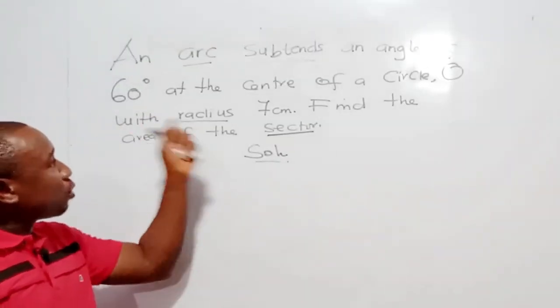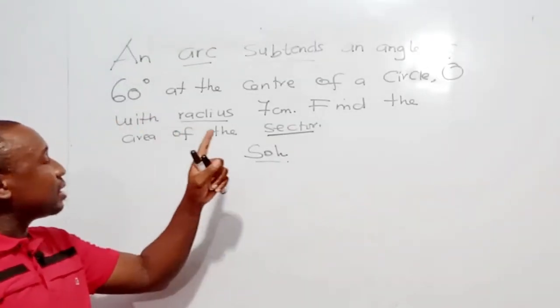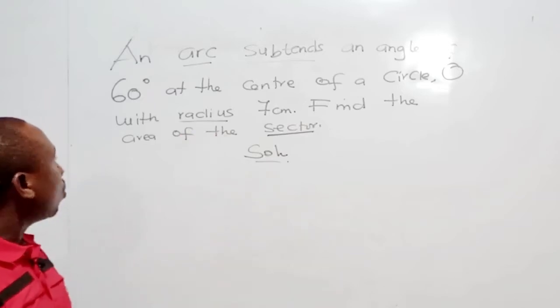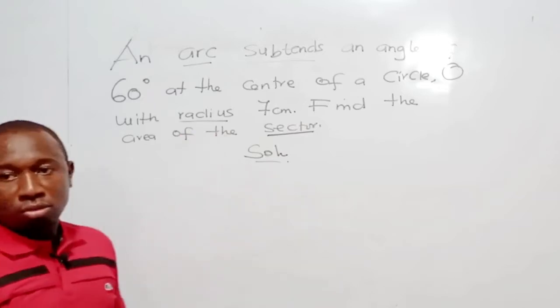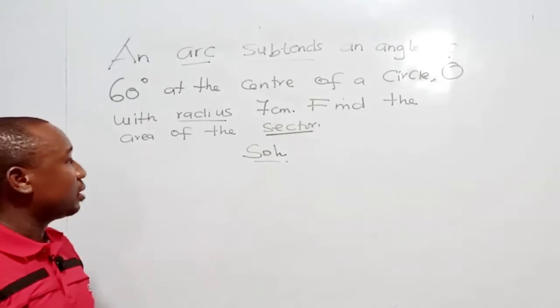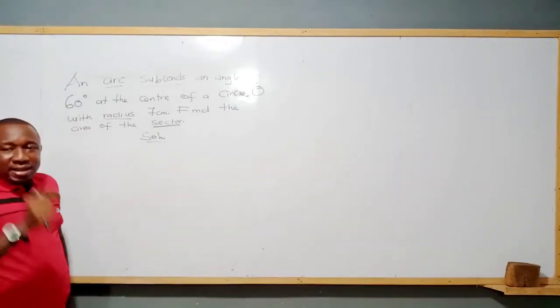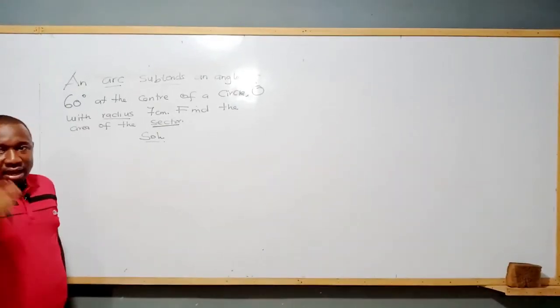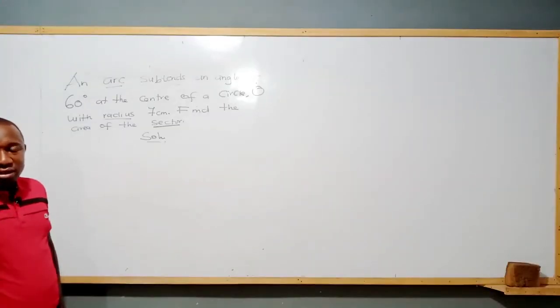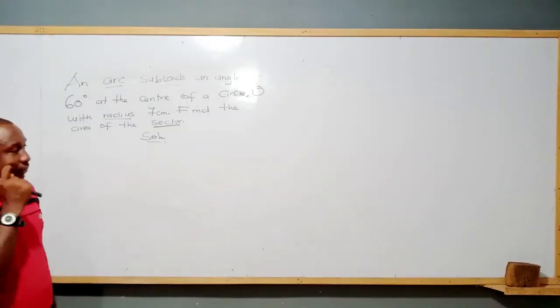An arc subtends an angle of 60 degrees at the center of a circle O with radius 7 centimeters. Find the area of the sector.